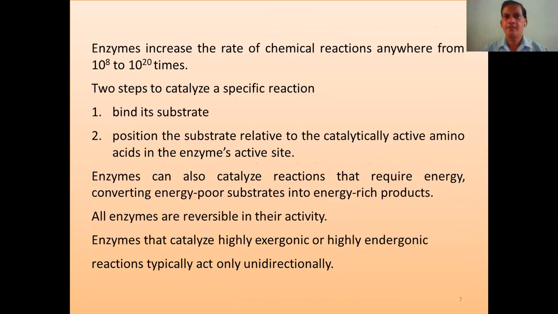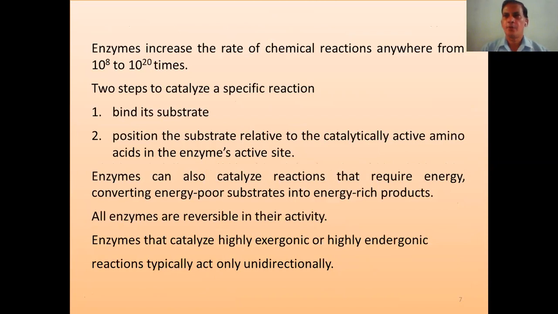Okay, so enzymes increase the rate of chemical reactions anywhere from 10^8 to 10^20 times. Now you can see this is a huge increase in the rate of chemical reaction. That is kind of the requirement that enzymes have. There are two steps to catalyze a specific reaction. Number one is binding its substrate.